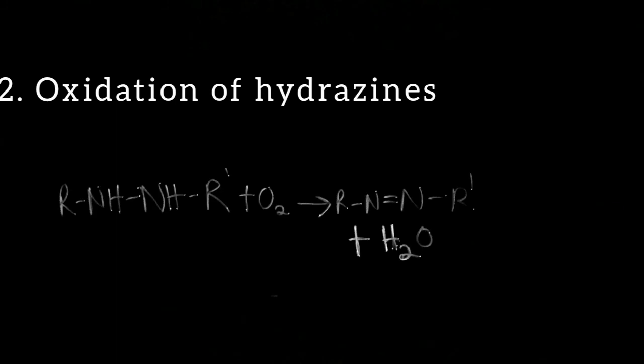I'm going to show you the general formula of this whole reaction. That is a general structure of hydrazine reacting with oxygen and giving you the final azo product, and the other product, which is H2O, water.